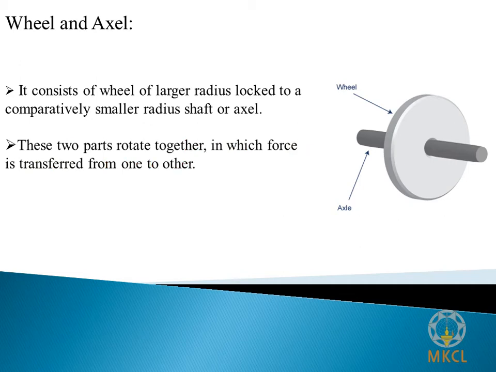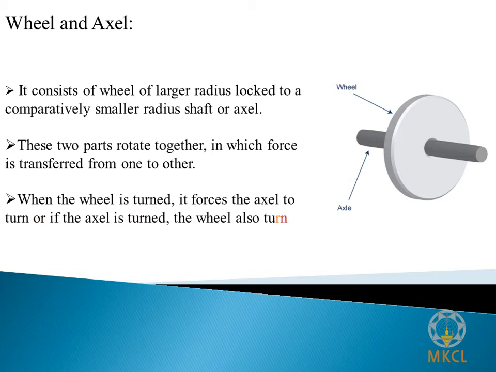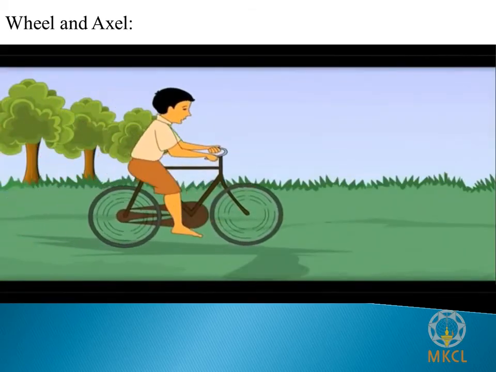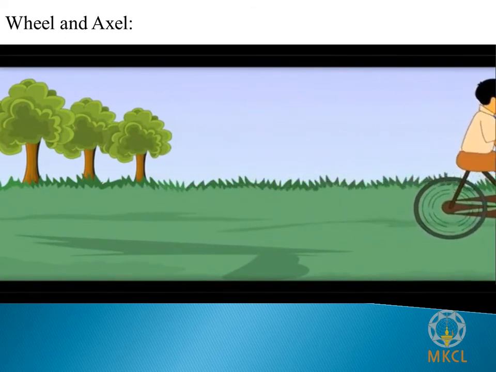These two parts rotate together, in which force is transformed from one to the other. That is, when the wheel is turned, it forces the axle to turn, or if the axle is turned, the wheel also turns. This assembly is used in cars and trucks.